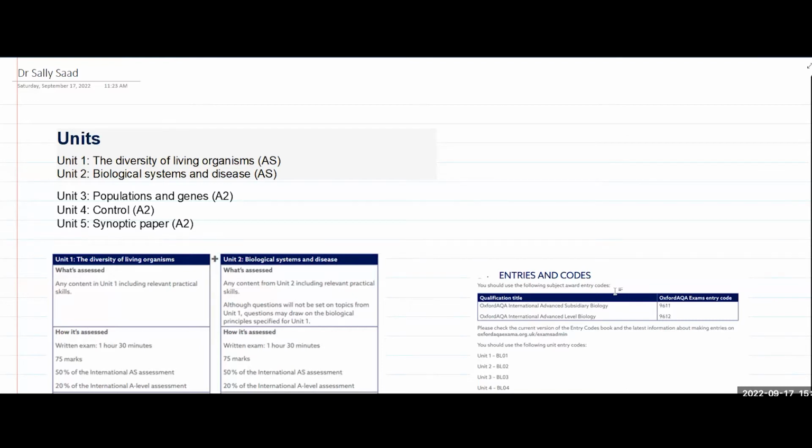We said that we have 2 units, unit 1 and unit 2 for AS, and 3, 4, 5 for A2. The content of each unit, or specification, will be available to you on any site.